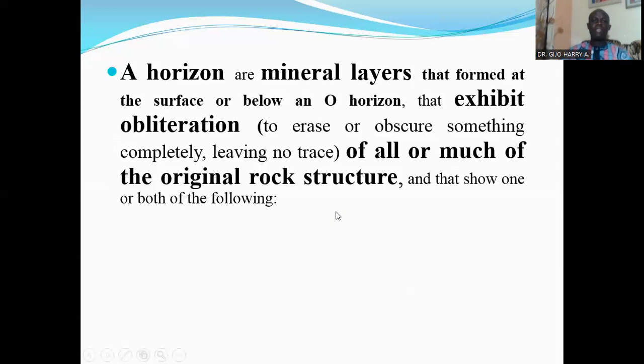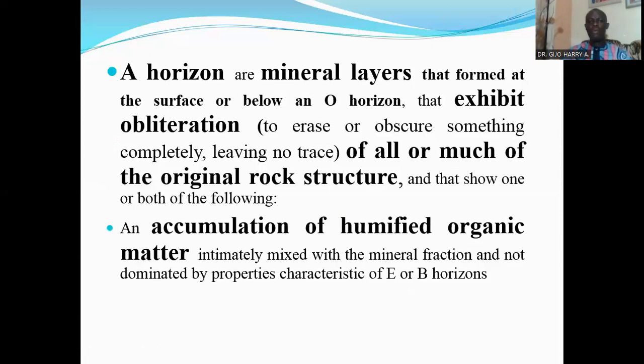The A horizons show one or both of the following features. One, an accumulation of humidified organic matter intimately mixed with the mineral fraction and not dominated by properties characteristic of E or B horizons.